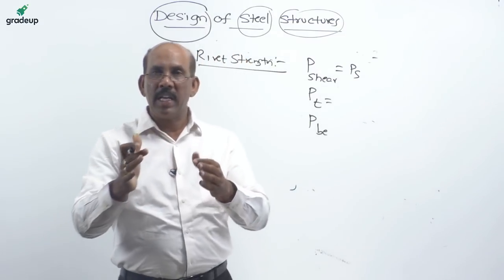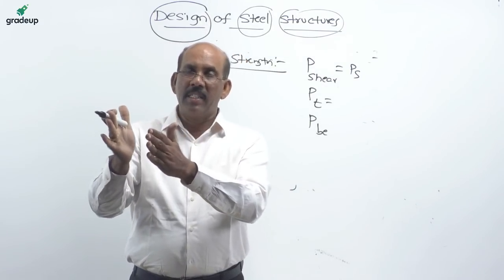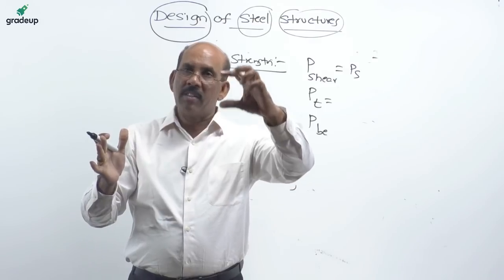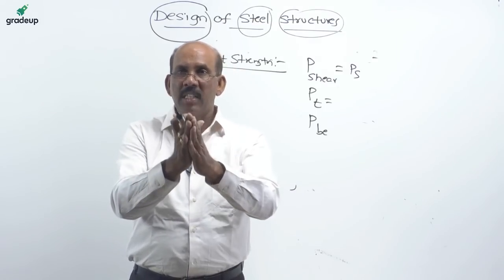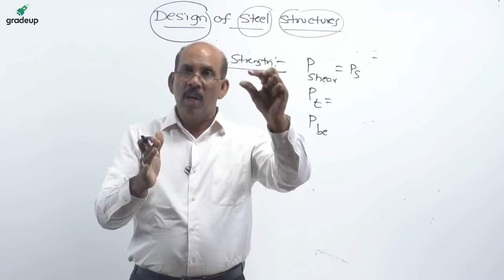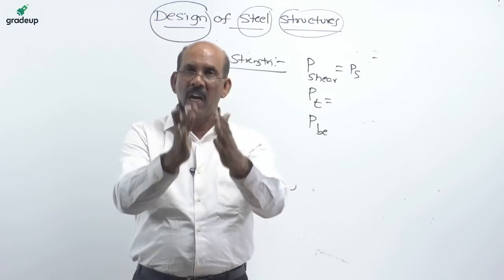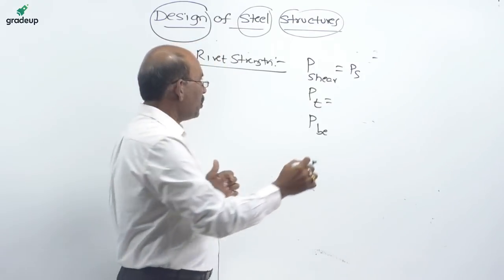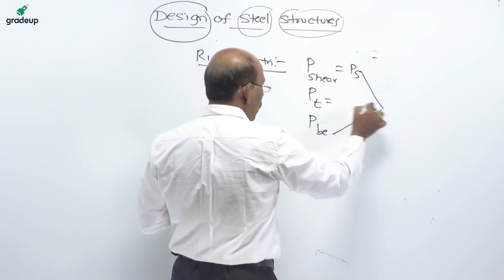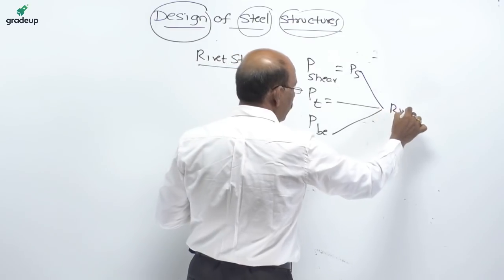So naturally there are three cases in which we calculate the strength of the rivet: the load carrying capacity in shear, bearing and tension, and whichever is the least value among these we take as the rivet value.